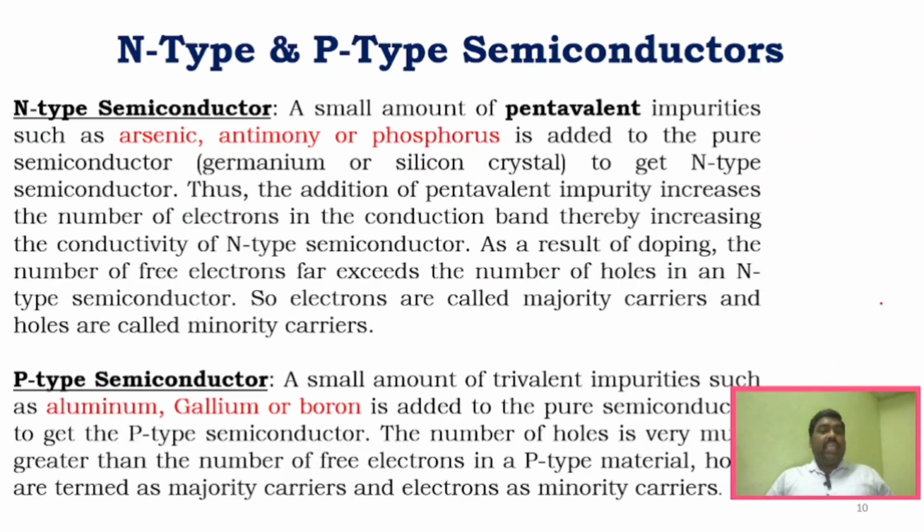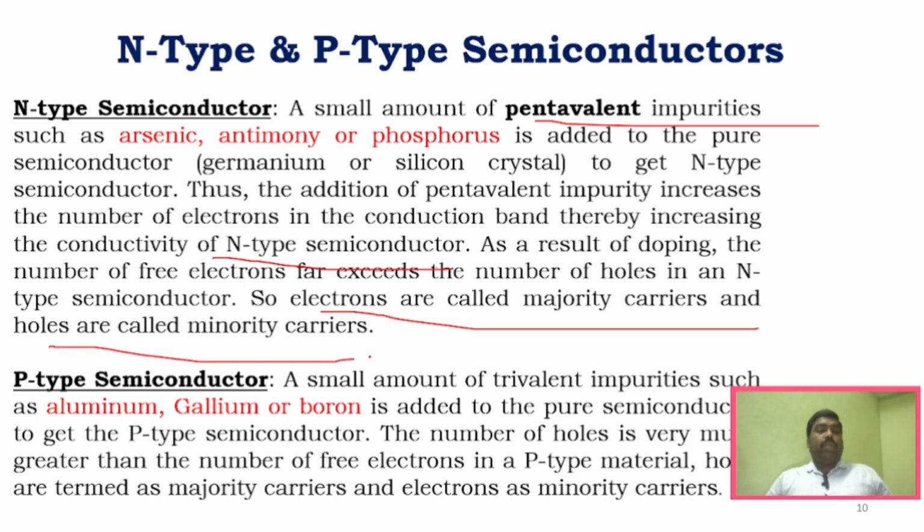Whatever I said here is what I explained here. If you add pentavalent impurities like arsenic, antimony, phosphorus, these pentavalent impurities will donate one free electron, and if the free electrons exceed, that is called an N-type semiconductor. That is why in an N-type semiconductor, electrons are majority carriers and holes are minority carriers.